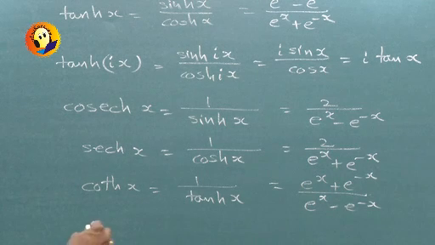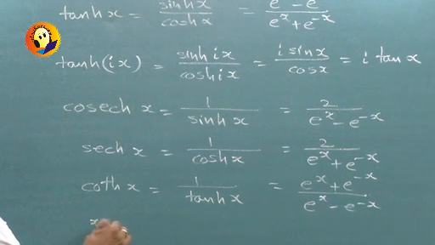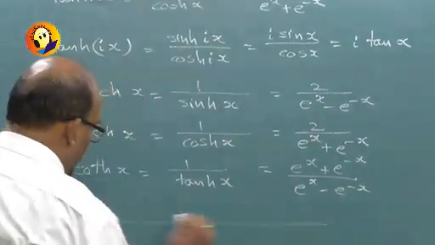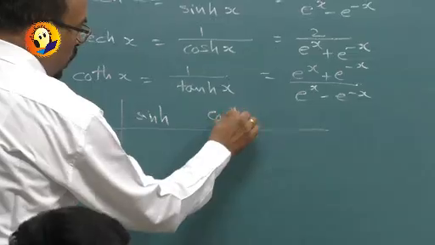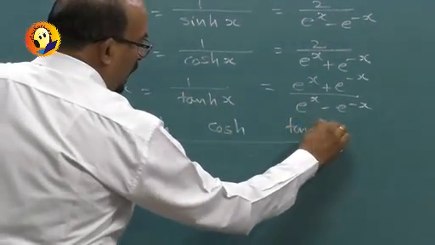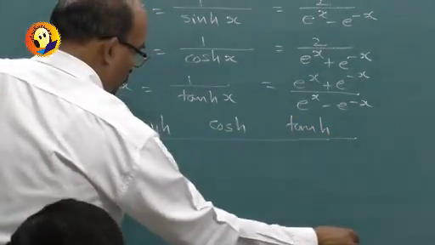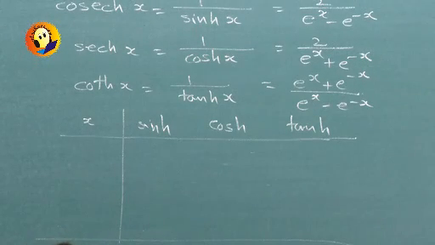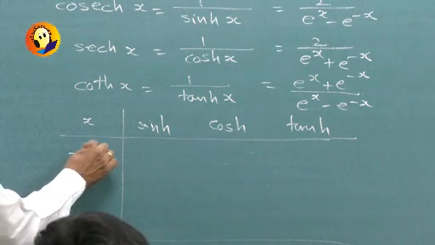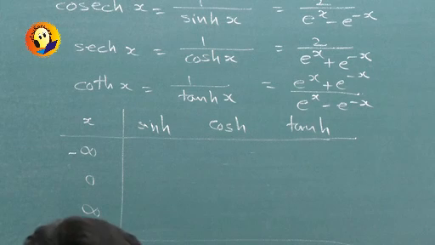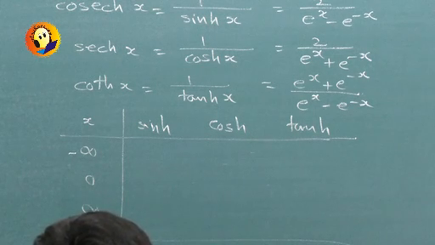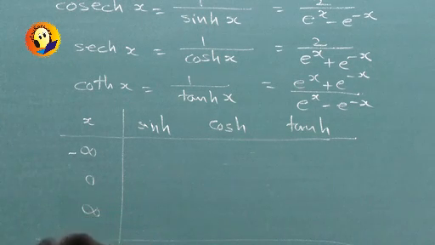And then as usual, value of x and corresponding values of sin, cos and tan. And here the values vary from minus infinity, 0 and plus infinity. So sin is defined as e raised to x minus e raised to minus x upon 2.